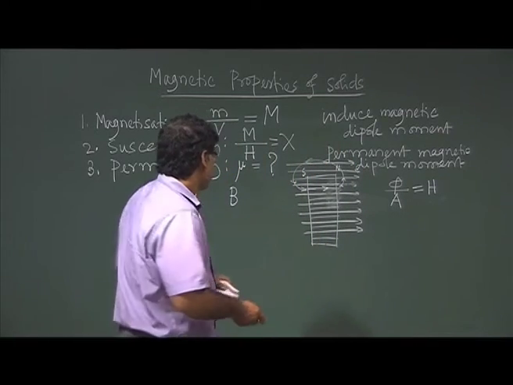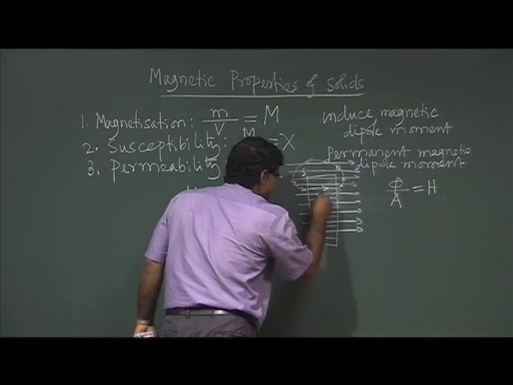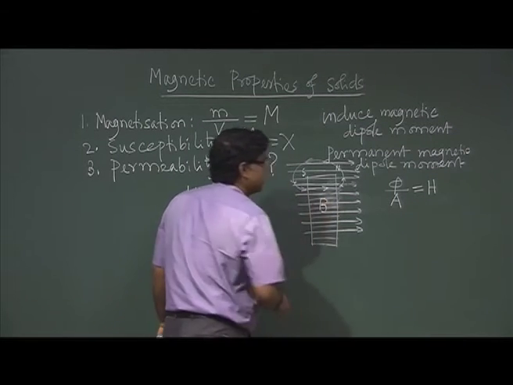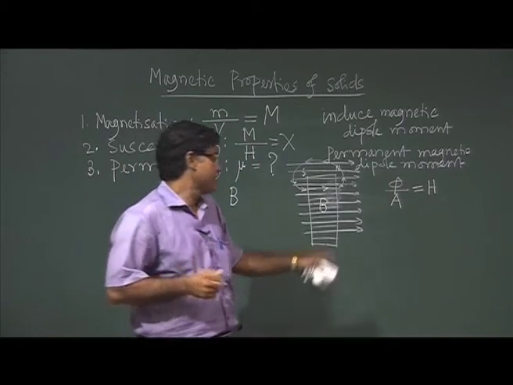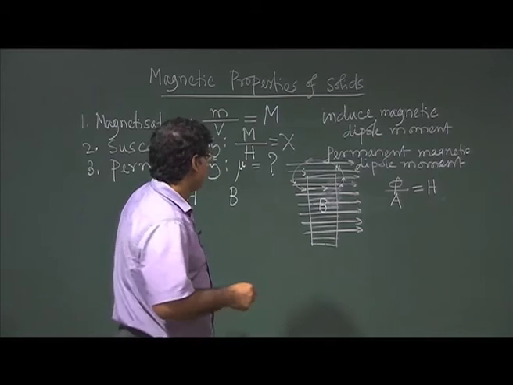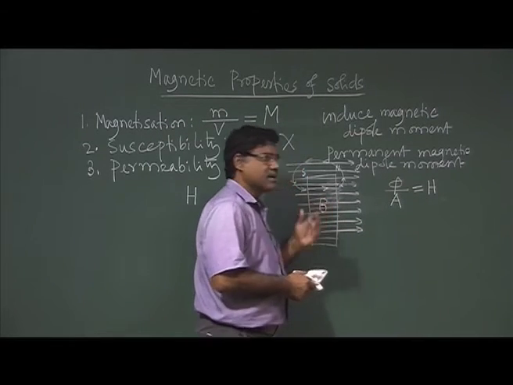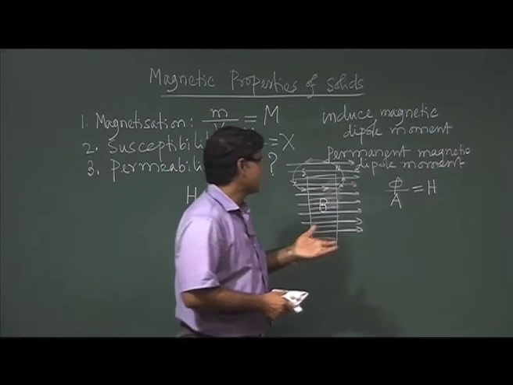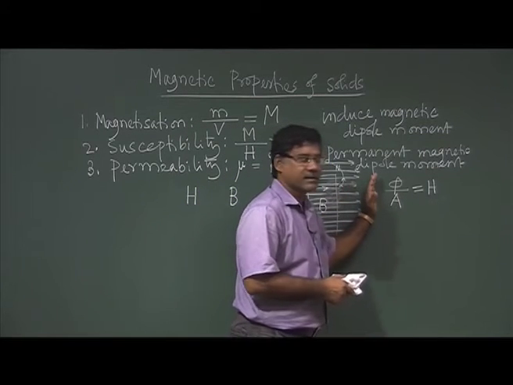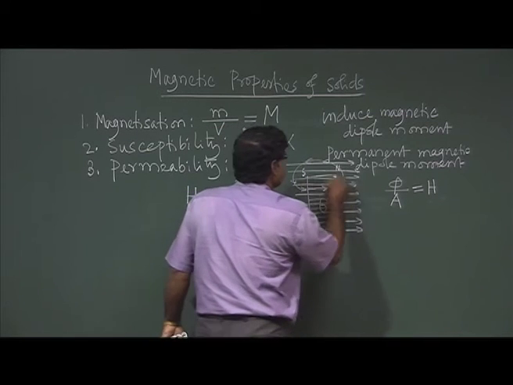Okay. So now whatever total field you get inside is expressed by B, the magnetic induction, or magnetic flux density inside the material. The magnetic flux density outside the material will be expressed by B_A.